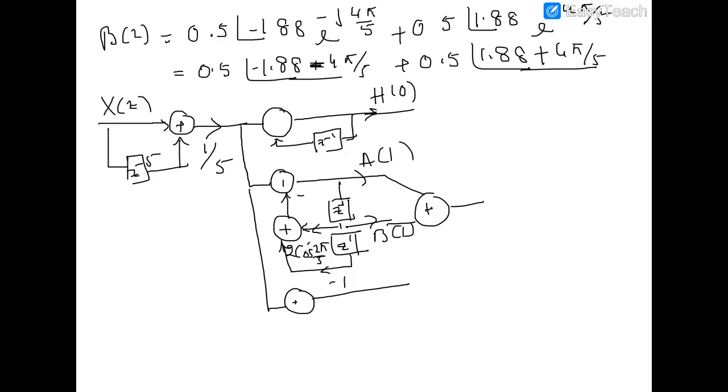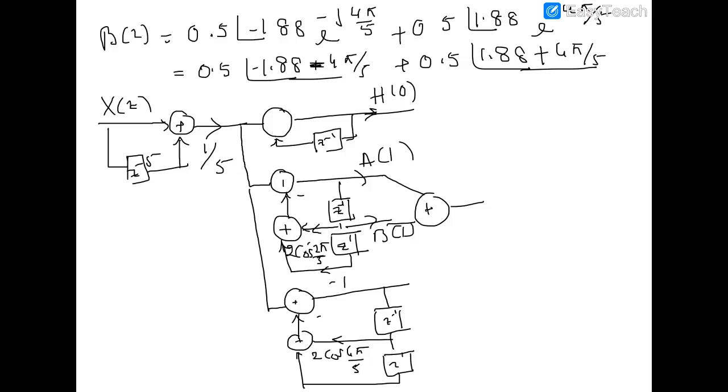Plus here. Then it is Z to the power minus 1, Z to the power minus 1. Two cos 4 pi by 5.